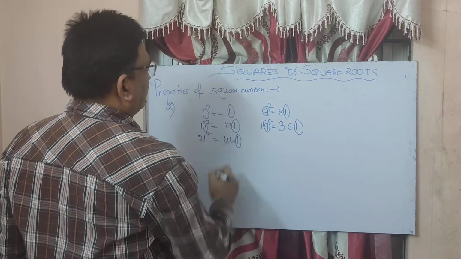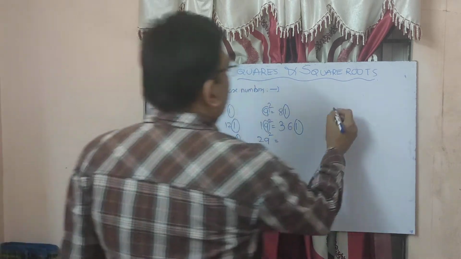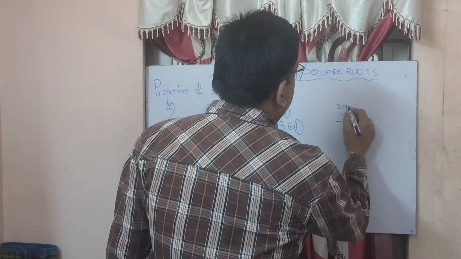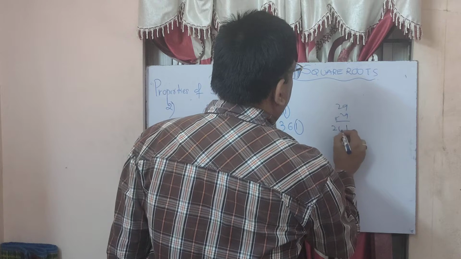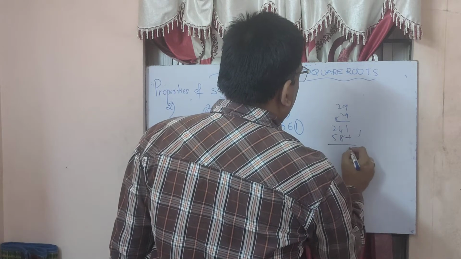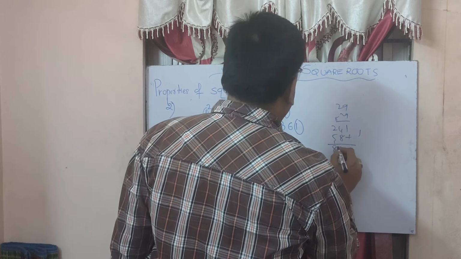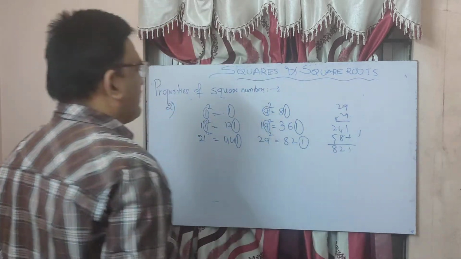So here also 1. This is 29. 29 square is how much? 29 into 29: 9 nines are 81, 8 twos are 16, 16 plus 8 is 24, plus 2 nines is 18, 1 2 2 5, 1 12 8, 8 21. You can see the end number is 1 only.